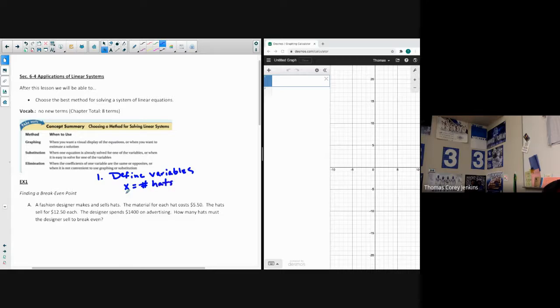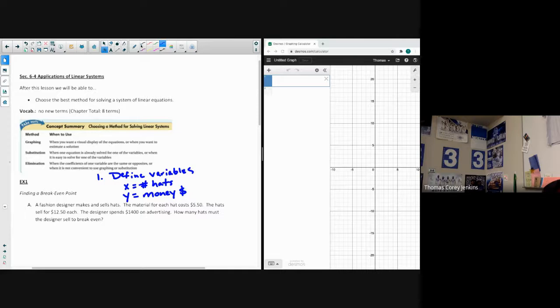And my output variable, which depends on my input variable, would be dollars. As in any business, you have things that bring in money, and then you also have your expenses. So that's going to be our two equations.